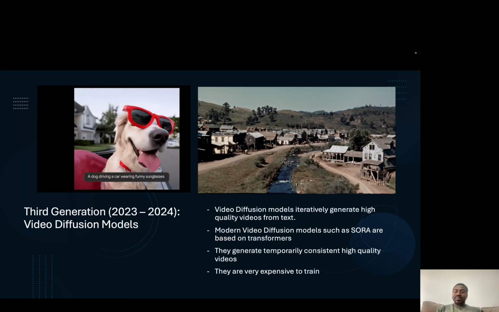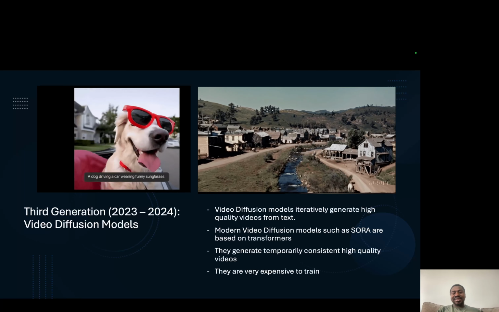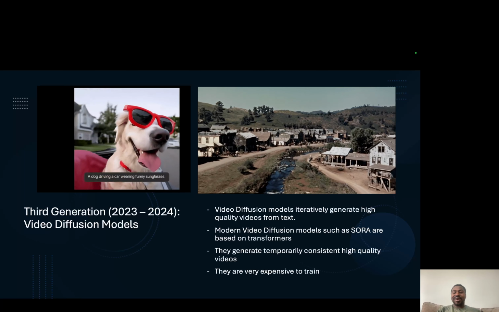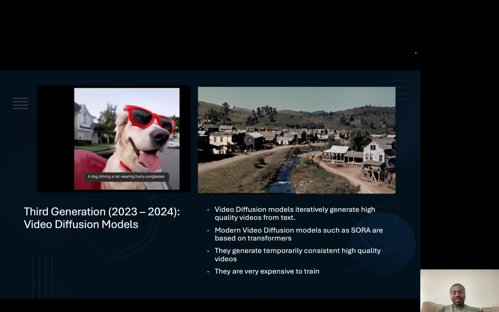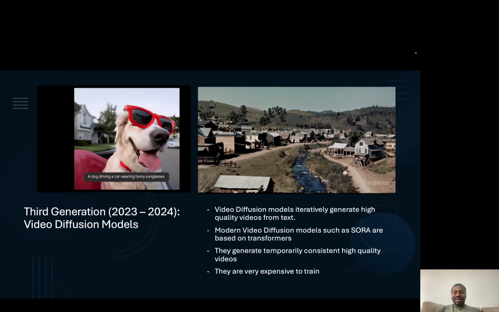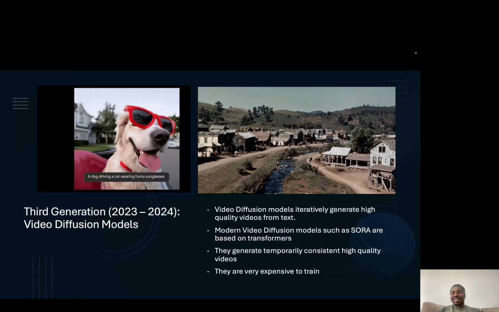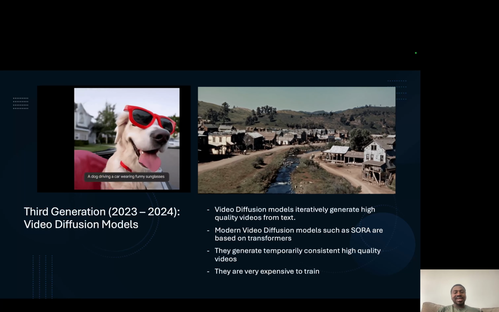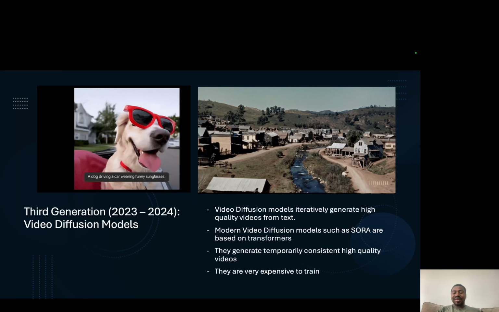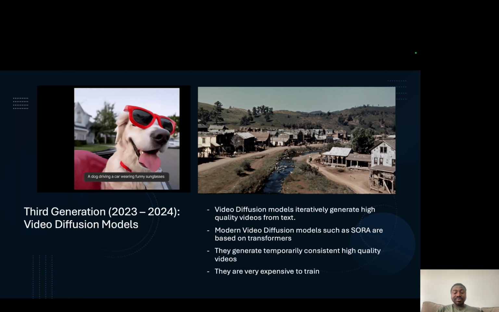And modern diffusion models such as Sora are based on transformers, which is the same class of neural networks that power GPTs and large language models of all sorts. Previous image diffusion models were based on convolutional neural networks, which is a previous generation of models, but models like Sora are based on transformers, which makes them a lot more interesting.